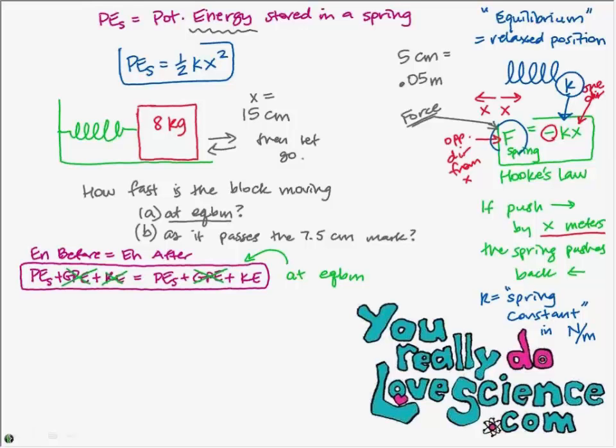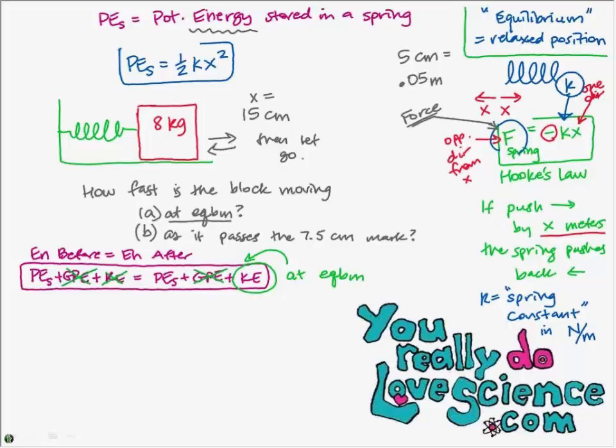So kinetic energy, none before. When it's passing through equilibrium, does it have kinetic energy? Yeah, it does. So we'll keep that one. When it's passing through equilibrium, remember that equilibrium is the spring's relaxed position. Does the spring have any potential energy at equilibrium?